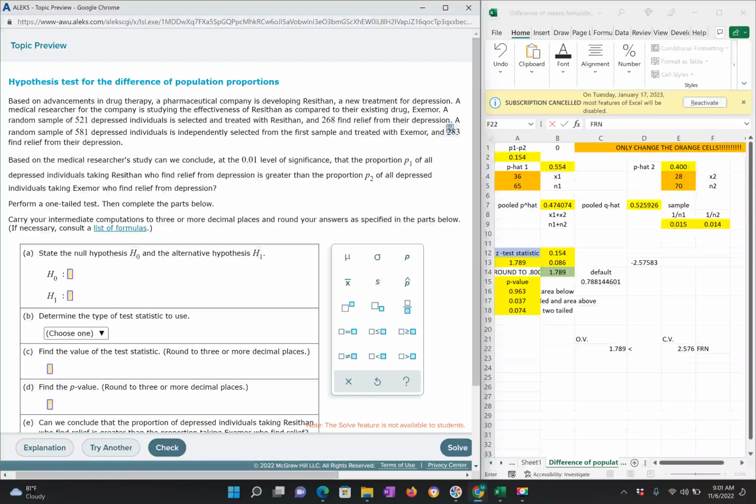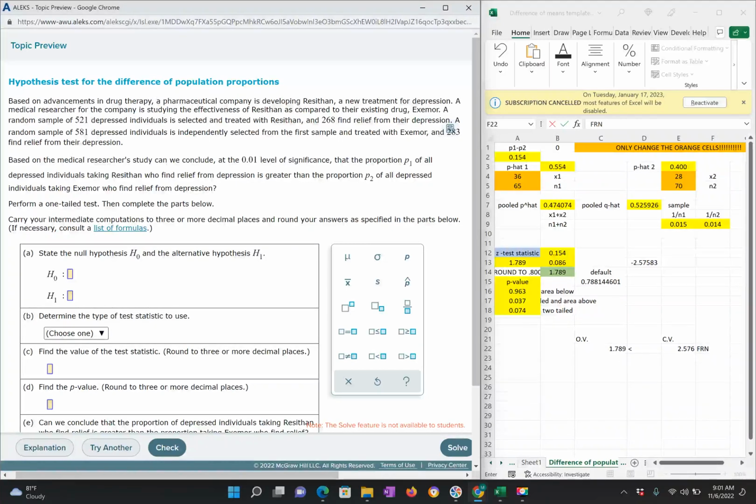Based on advancements in drug therapy, a pharmaceutical company is developing Recithium, a new treatment for depression. A medical researcher for the company is studying the effectiveness of this drug, Recithium. They're comparing it to Exemor. I'm sorry, I'm speed reading.